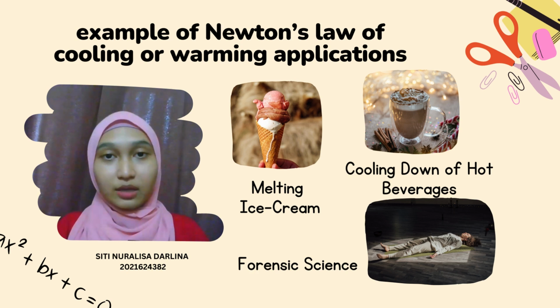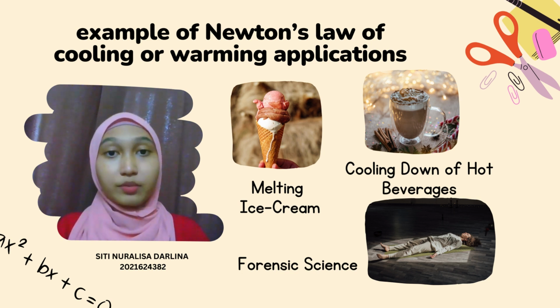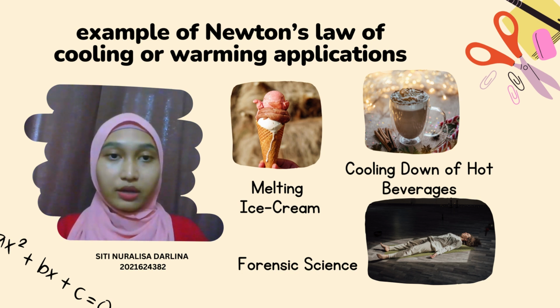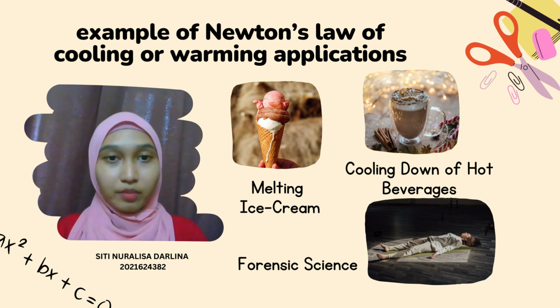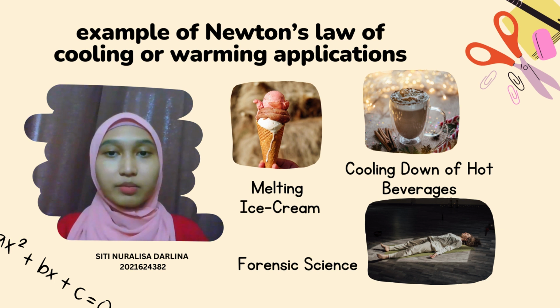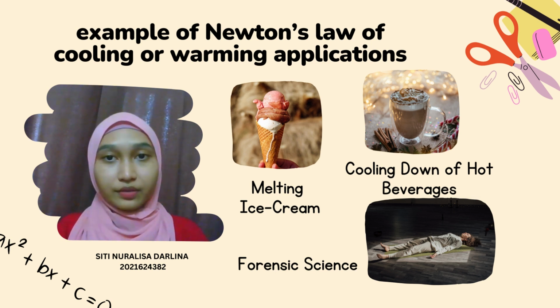Here are some examples for Newton's law of cooling or warming. One of the examples is melting ice cream. Newton's law of cooling can be used to determine the rate at which ice cream melts. Second, cooling down of hot beverages. The time taken by a hot beverage to cool down is easy to calculate with the help of Newton's law of cooling.